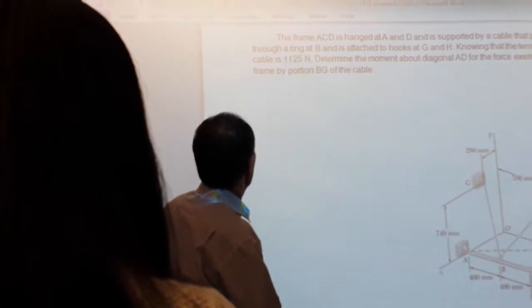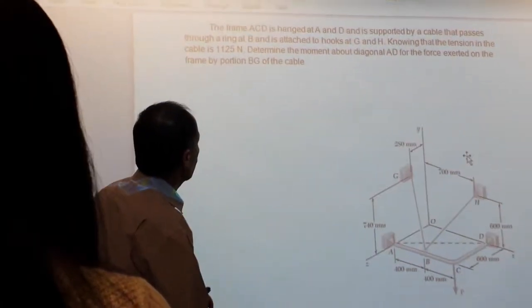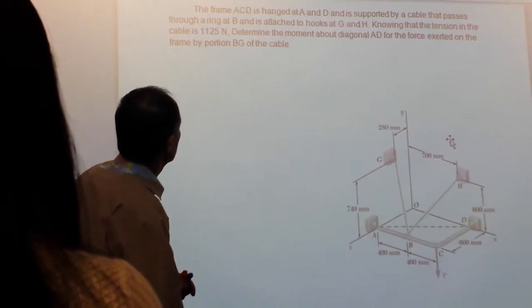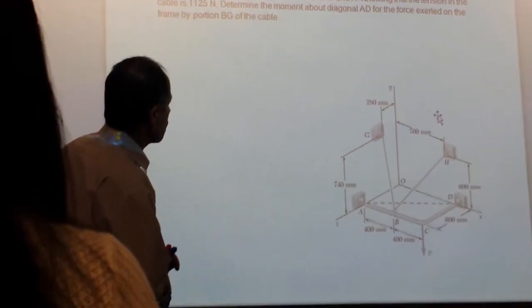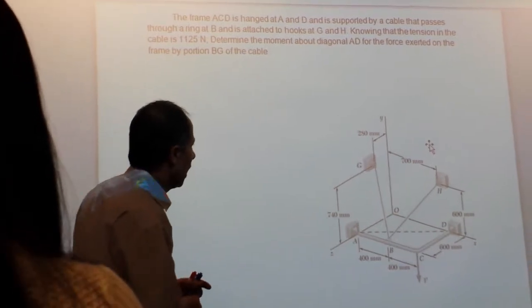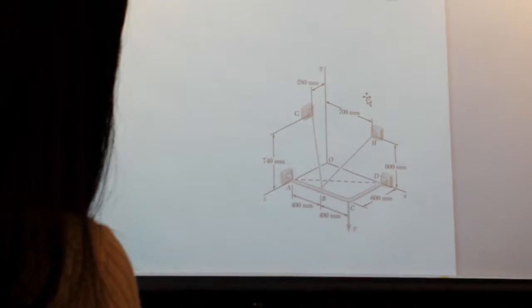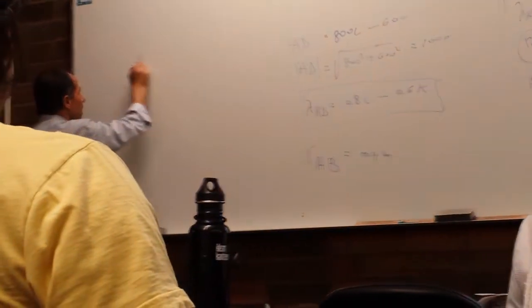Which cable are we talking about? Knowing that the cable is defined, the moment from AD, from A, by the BG. I'm looking at this cable now, correct? Let's write the distance from B to G on X. On X, what do we get?